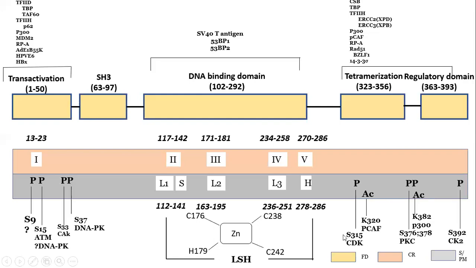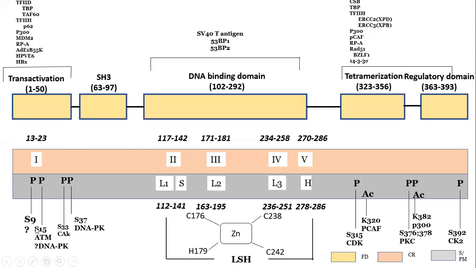These regions are important because this post-translational modification acts as a marker for p53 which can be recognized by the proteins which bind on this particular region. Although the first one, as we can see, serine 9 phosphorylation, its function is not yet known.